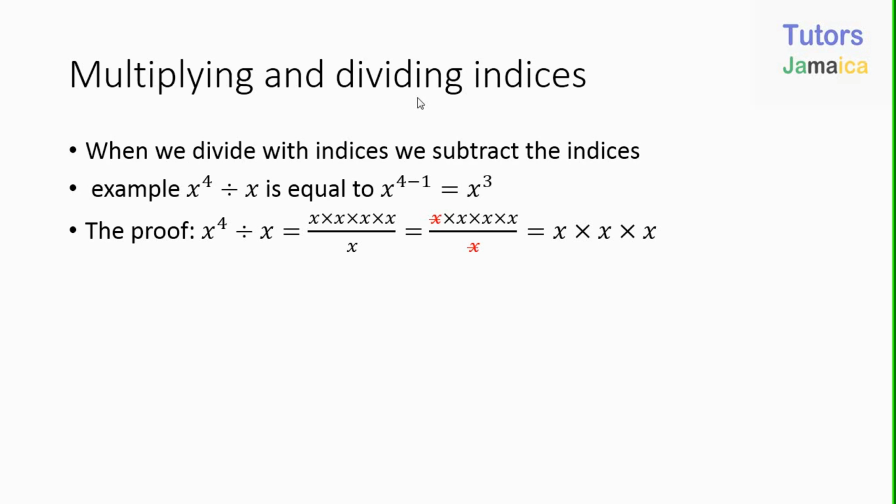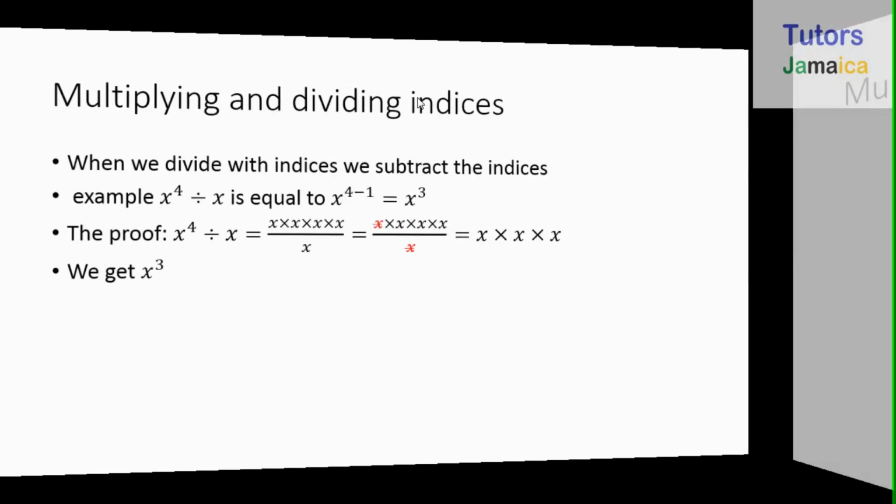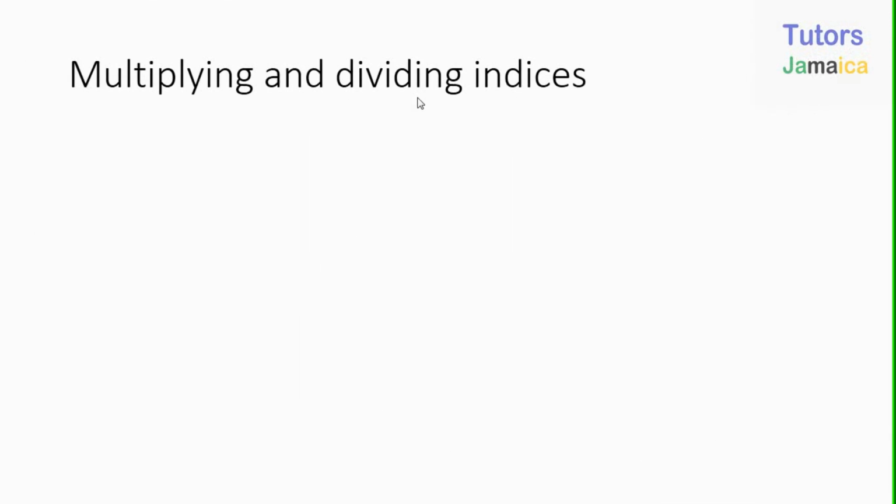So we have 1 at the bottom and we have 3 x's multiplying each other at the top. So we end up with x times x times x, which is the same as saying x cubed. So we get x cubed as the answer. So that is multiplying and dividing indices.